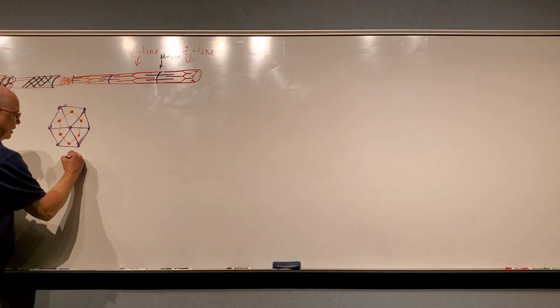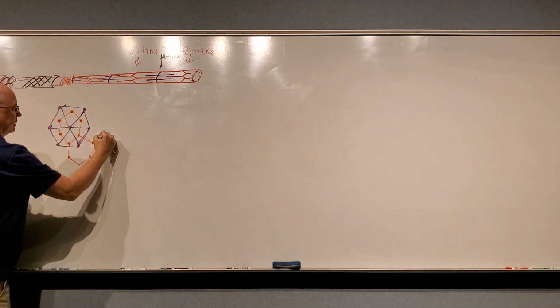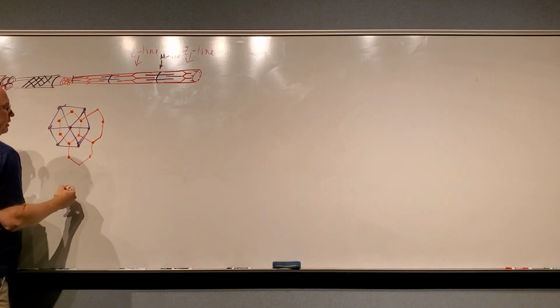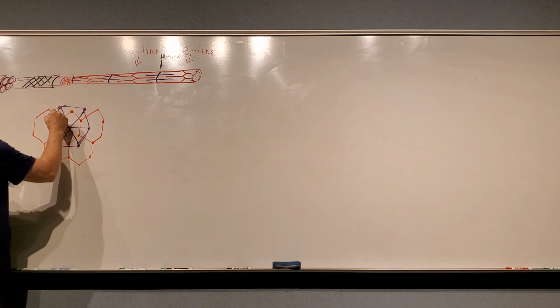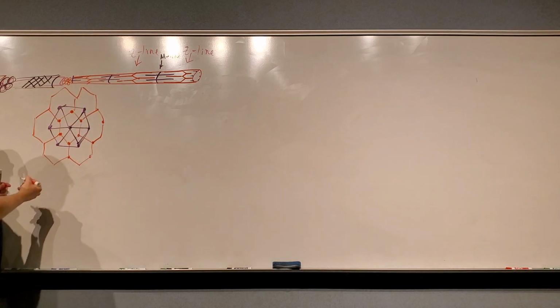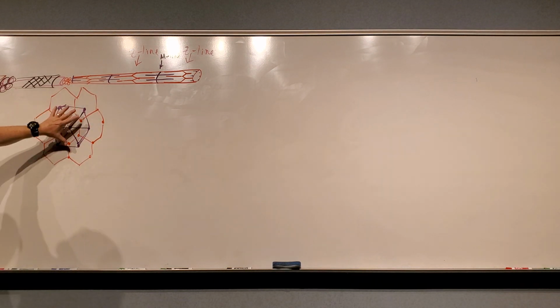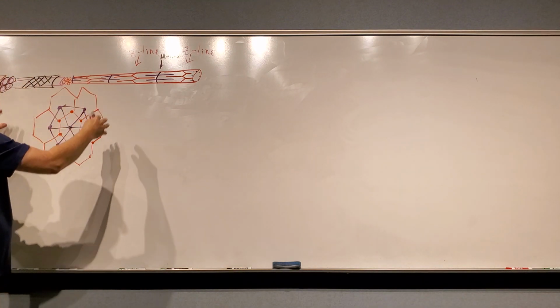Now I could extend this out, and it'll take a second, but just bear with me. You can see how I can continue this arrangement, and now this myofibril continues to get bigger and bigger the more actin and myosin I add.